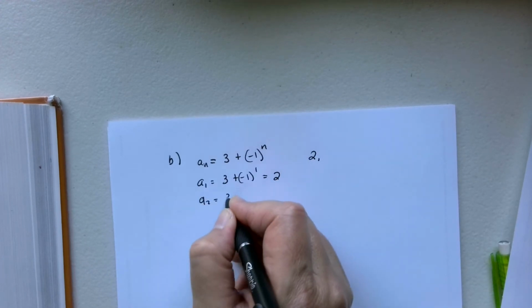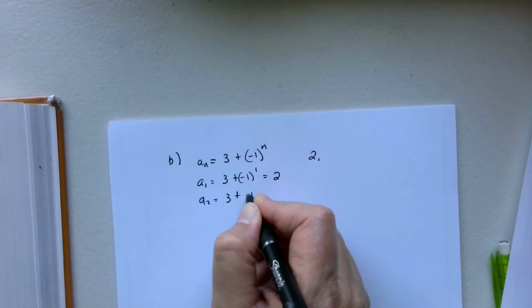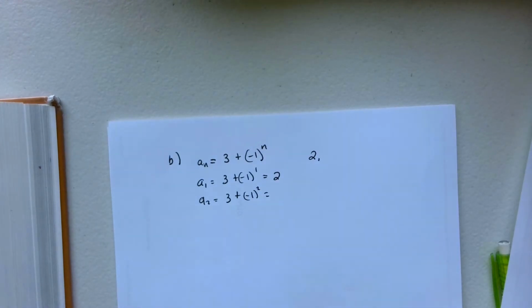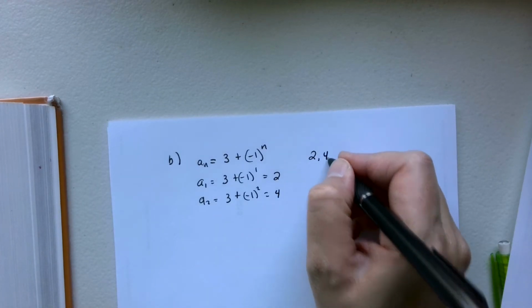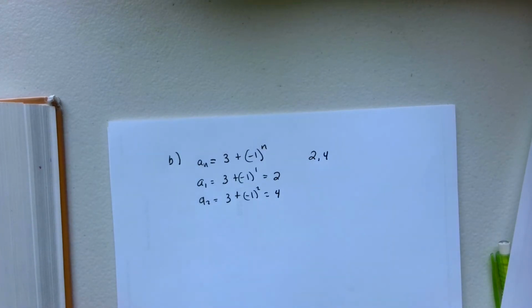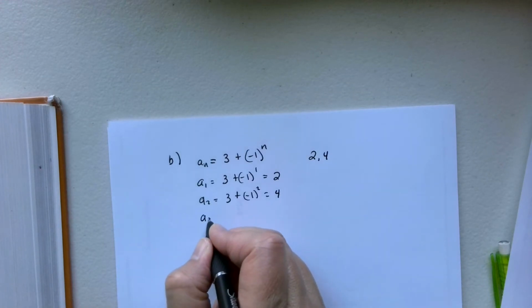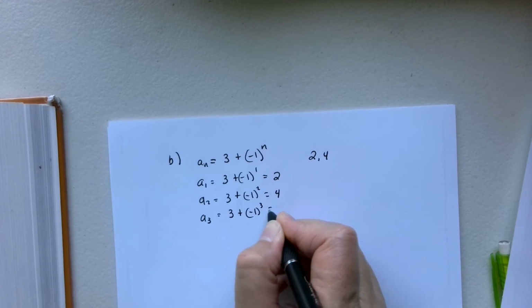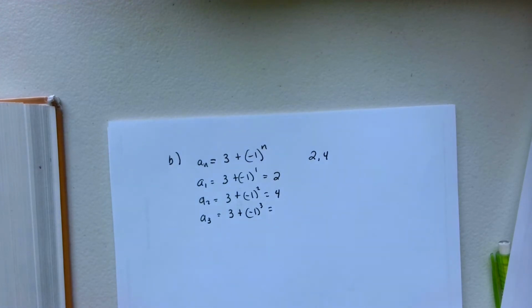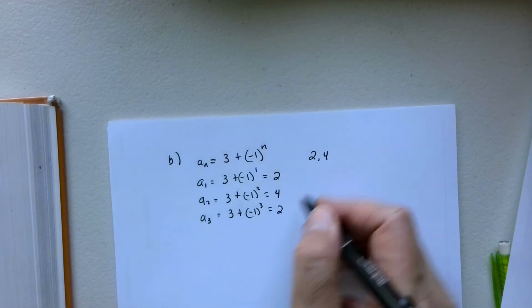For our second term, we're going to put in 2 for n, and negative 1 squared is 1, plus 3 is 4. So our second term is going to be 4. For our third term, we are going to put in 3, and we get negative 1 to the third power is negative 1, plus 3 is 2.